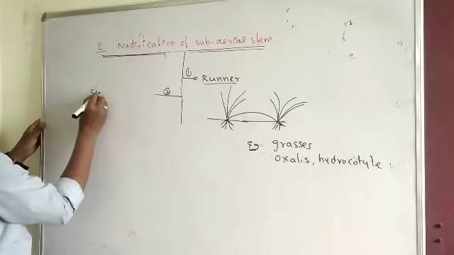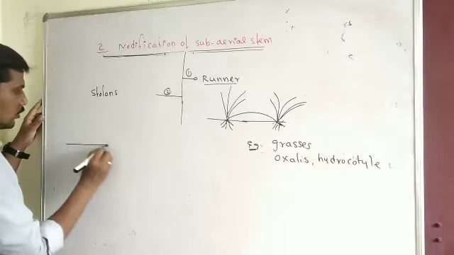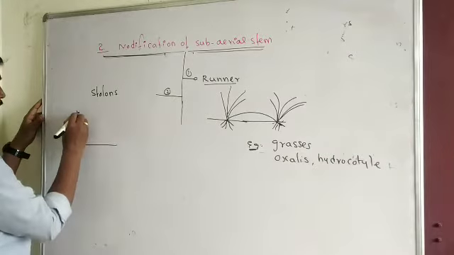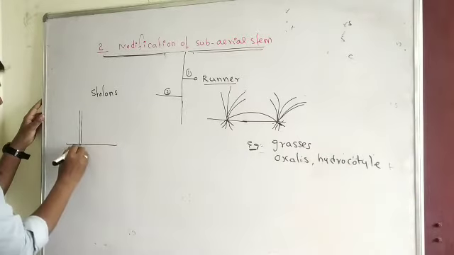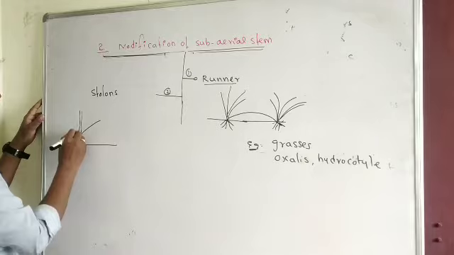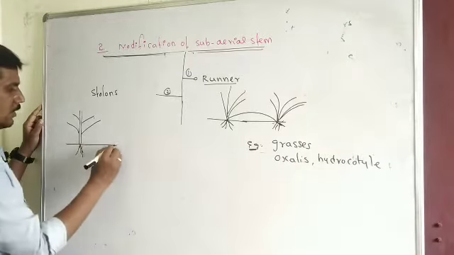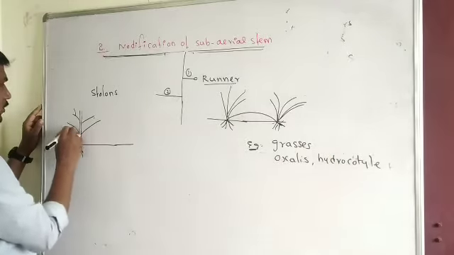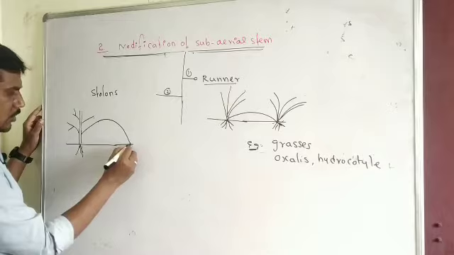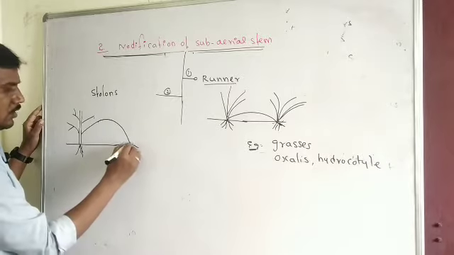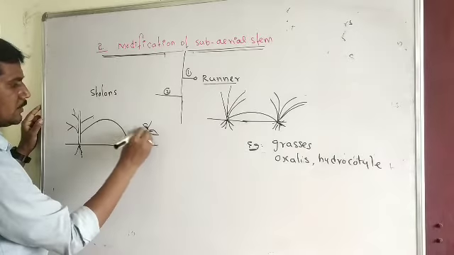The next one we are going to discuss is stolons. Very important. In the case of stolons, lateral branches are formed from the main stem. After some time, the lateral branches move downwards, touch the soil and form adventitious roots at the nodes region. They give rise to new plants.